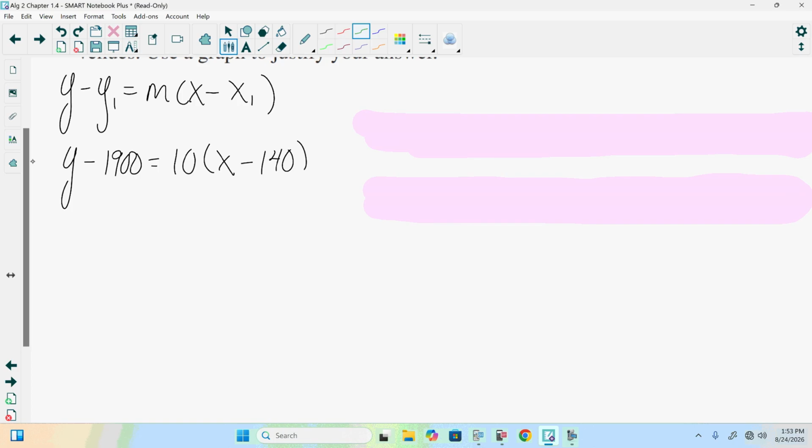So, first thing I would do is simplify this parentheses over here. 10 times x is 10x. 10 times negative 140 is negative 1,400.